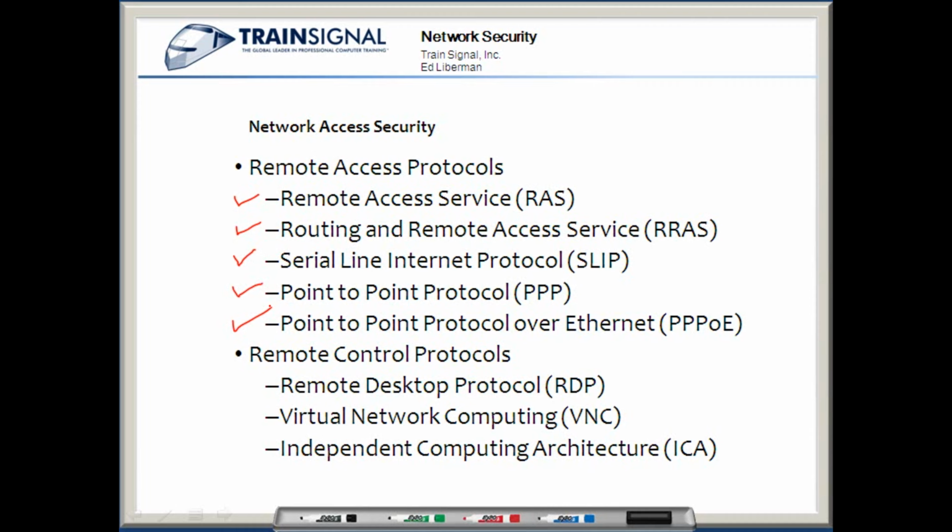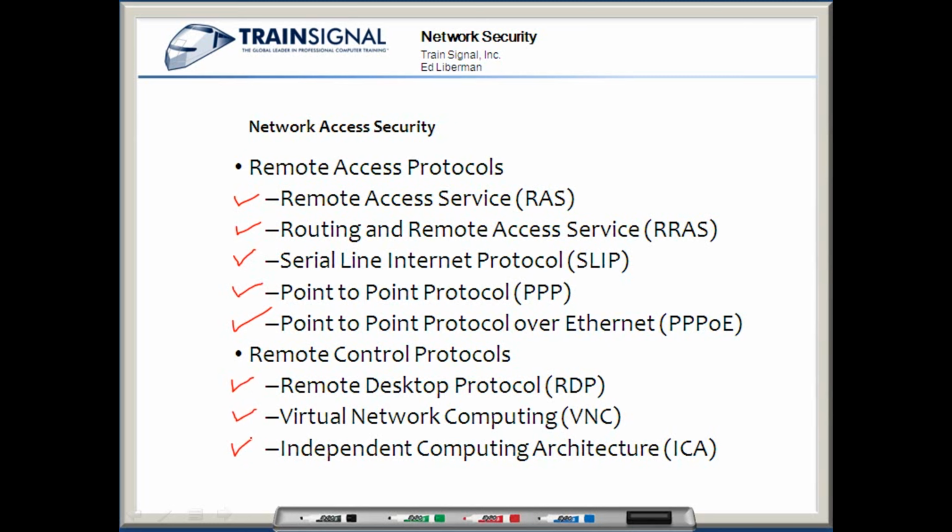I will tell you that PPPoE is most typically used when you have DSL modem connectivity, when you're using a DSL line to gain access to the internet. Now, some of our other remote access protocols, which I'm going to classify as remote control protocols, are the remote desktop protocol, RDP, virtual network computing, VNC, and independent computing architecture, or ICA.